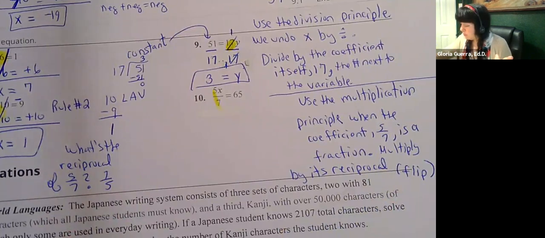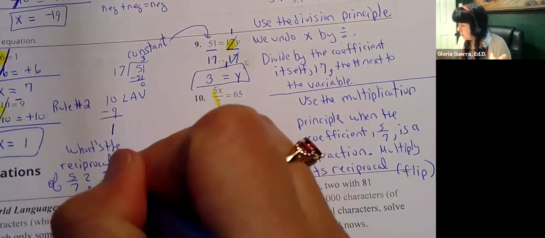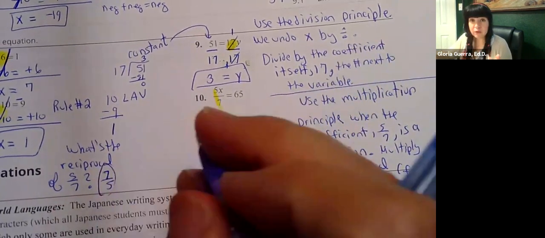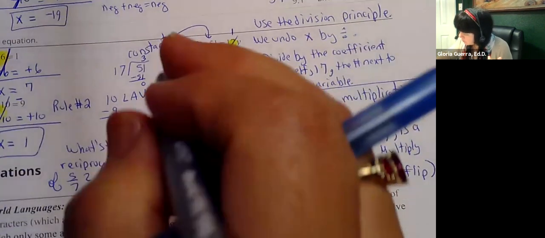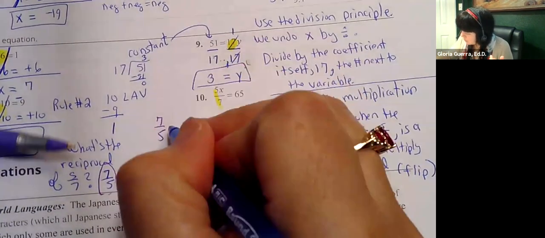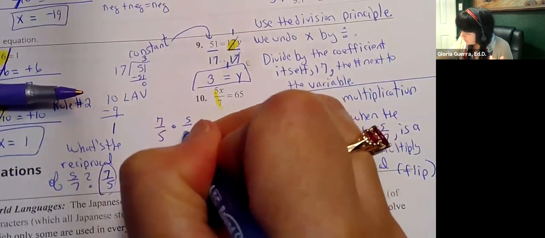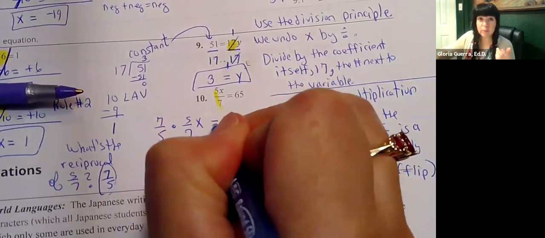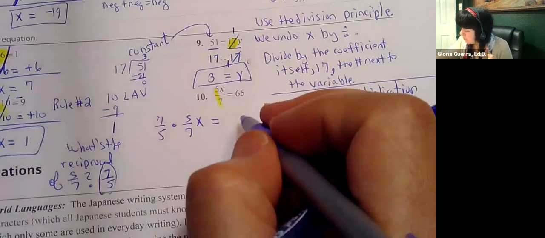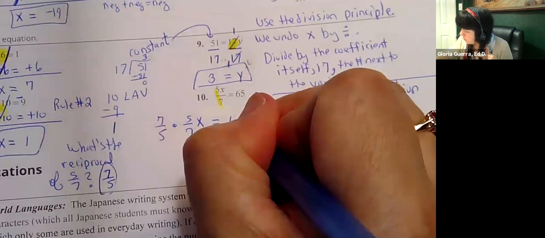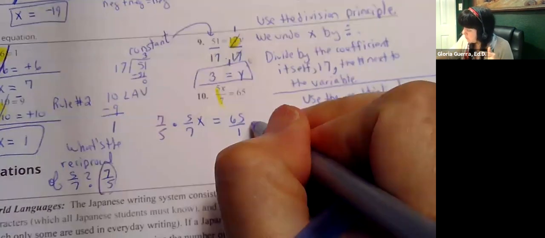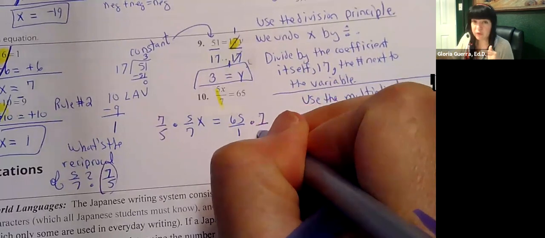So I'm going to multiply both sides by 7/5. If I look at this equation, I'm going to put 7/5 times 5/7 x. So I'm multiplying both sides by 7/5. I'll do the same thing over here. I have 65/1, imaginary 1, times 7/5.